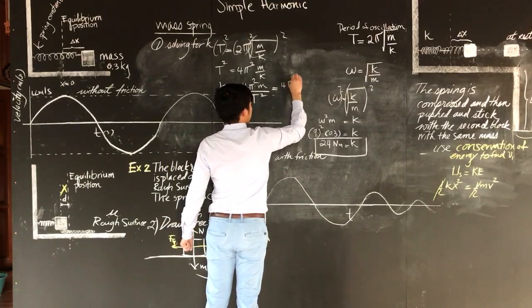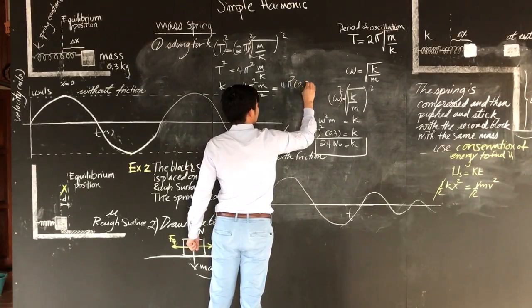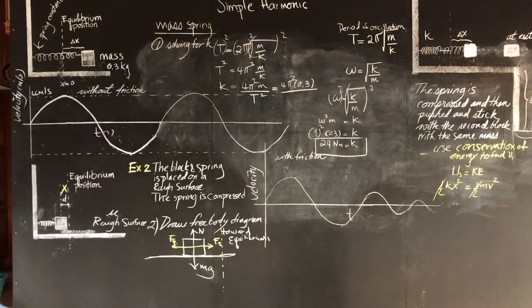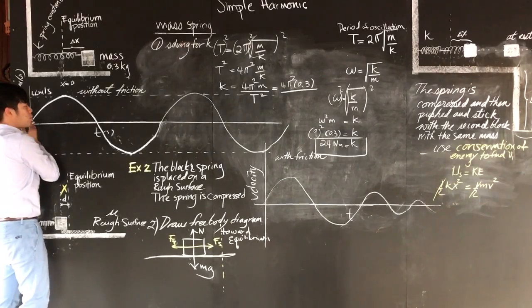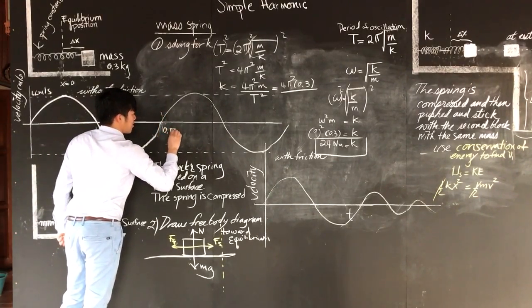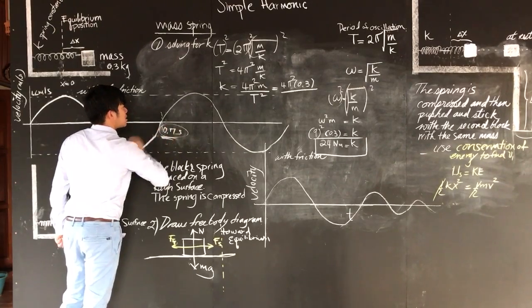4 pi squared. What's our mass? 0.3. Divided by our period. What was our period again from the graph? Basically the period, we get it from this one right here. It takes 0.7 seconds. That's what the period is.